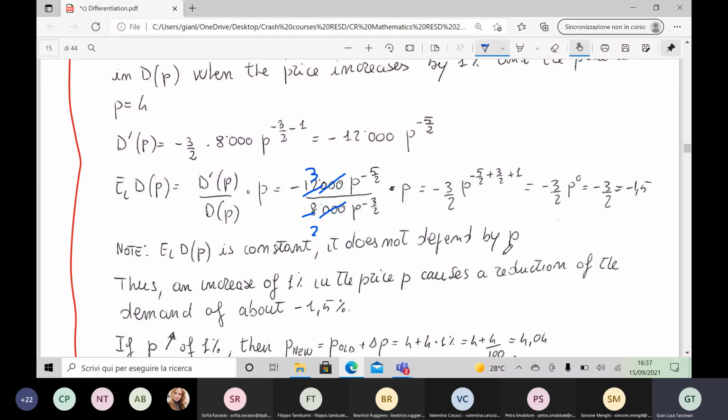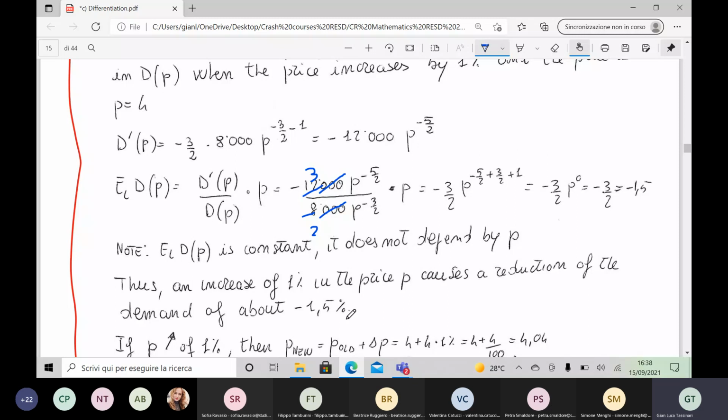I wrote it here, so we read. Thus, an increase of 1% in the price of the product produces a reduction of the demand of about -1.5%, because I told you, you have to say 1% and this number divided by 100, so -1.5%, but you have to do it only for the elasticity.